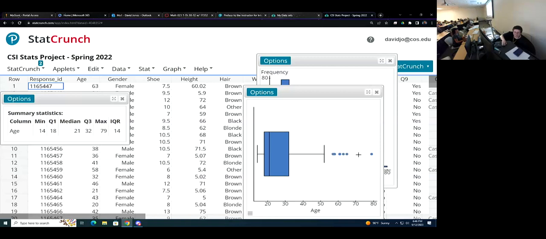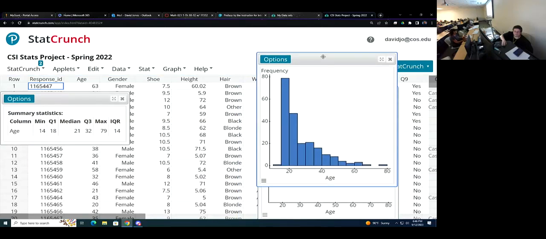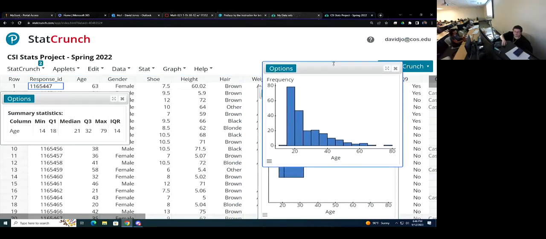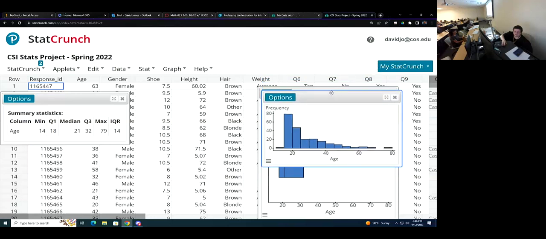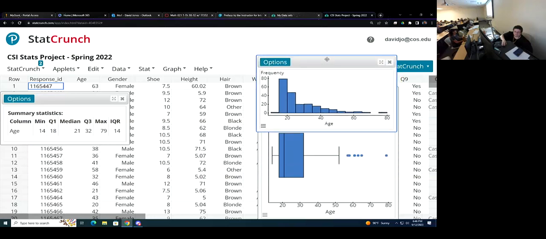We've got the thin part here, this part here, and it's definitely skewed right. So you can read the skew directly from the graph.